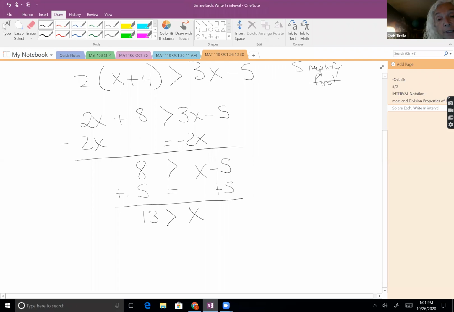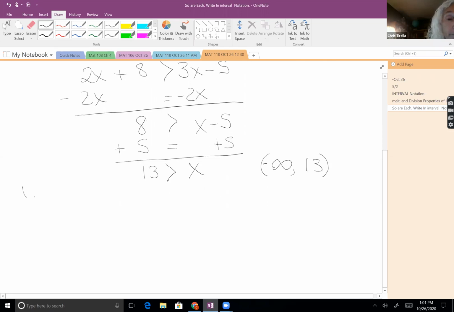And again, it stays the same because I was adding or subtracting. So now, is 13 the largest or is 13 the smallest? X has to be smaller than 13, so that's the largest value. There's no smallest value. We can't equal that, negative infinity. And there's no symbol of equality, so it'll likewise be open at the 13 side. How's that one for everybody?